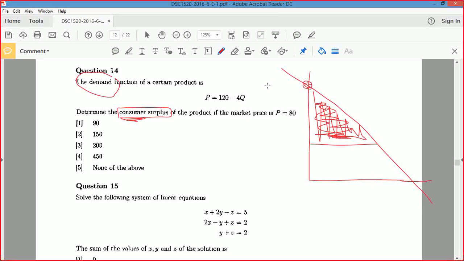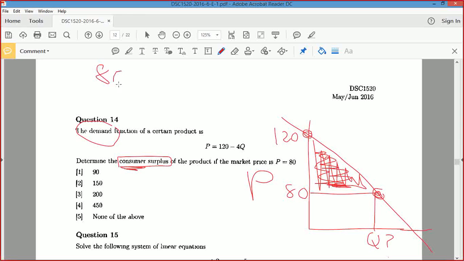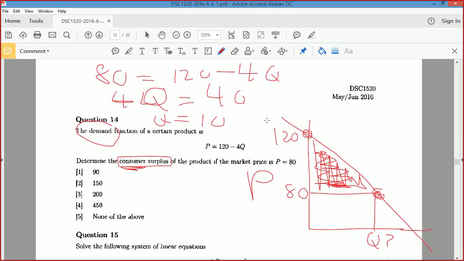So what is my P there? 120. What P do they want me to look at? 80. I need to know what the quantity is. That's the price, so we first need to work out quantity. How do I work out quantity? Substitute P in. So 80 equals 120 minus 4Q gives you 4Q equals 120 minus 80, which is 40. Q equals 10. Do you agree with that?